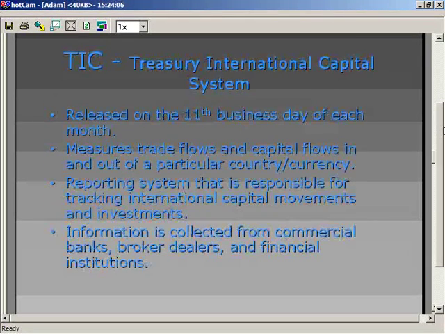Number 2, the TIC, Treasury International Capital System. It's released on the 11th business day of each month, and it measures trade flow and capital flow in and out of a particular country and or currency. Now, we can classify each currency, the Euro, Pound, Swiss, Aussie, Kiwi, CAD, Dollar, Yen.